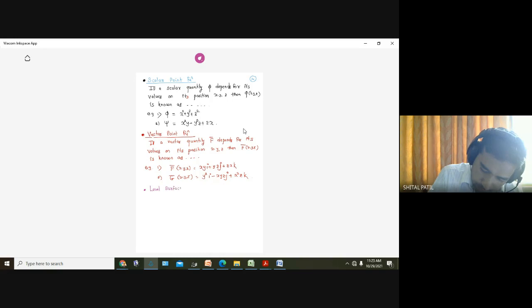Level surface. Consider a scalar point function phi of x, y, z.